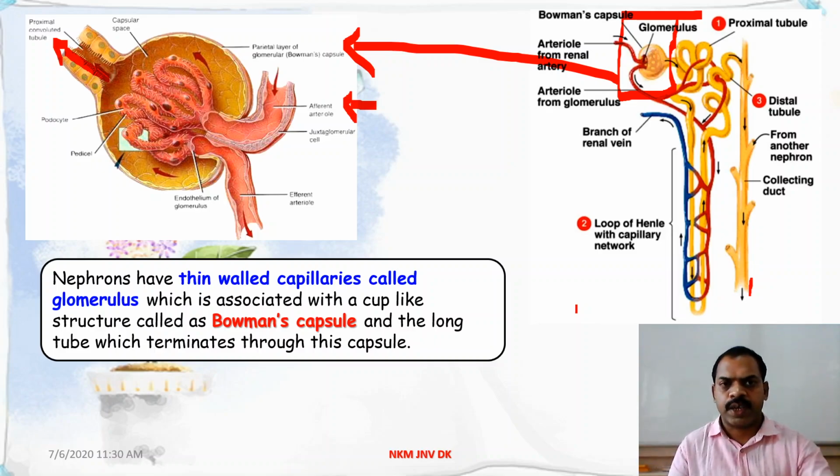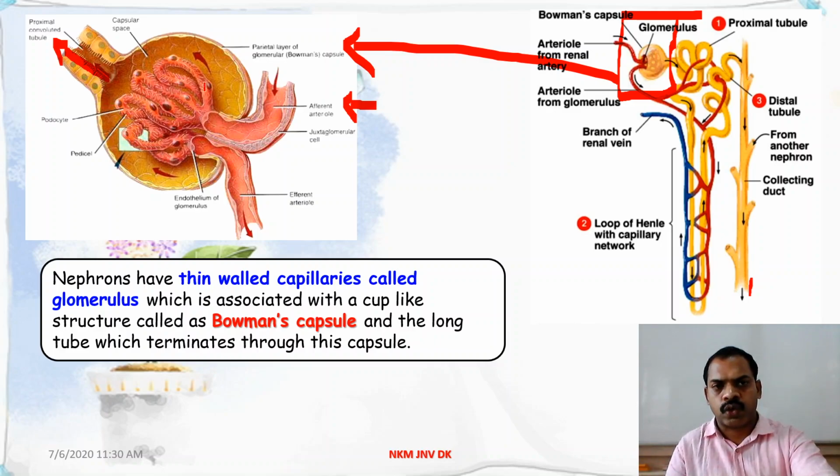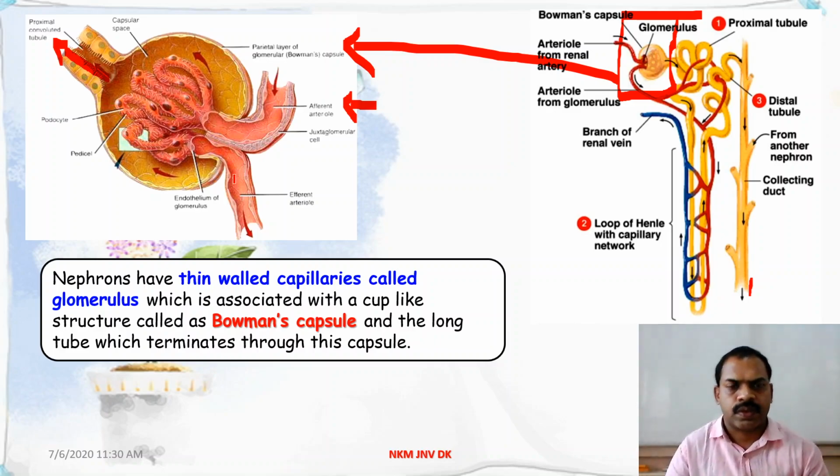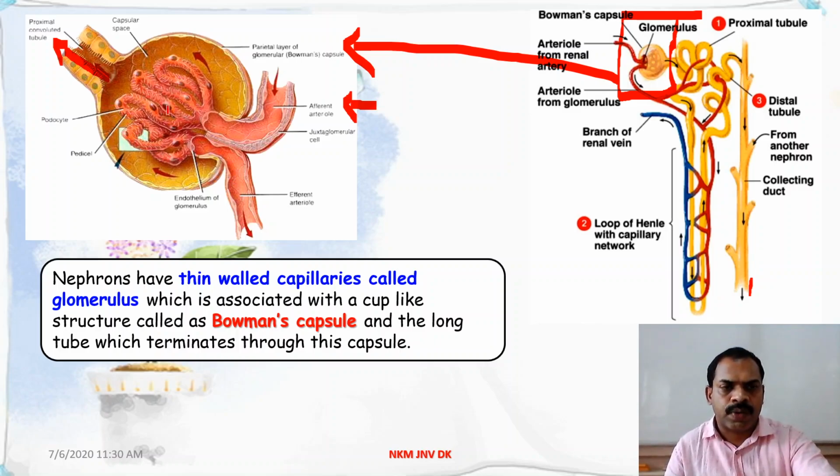How does the filtration take place? When the blood is coming here and passing through these tubes with high pressure, through pressure it is going into smaller capillaries. Already we have told about capillaries having small openings. So the liquid content, waste materials, nutrients, etc. will be filtered here.